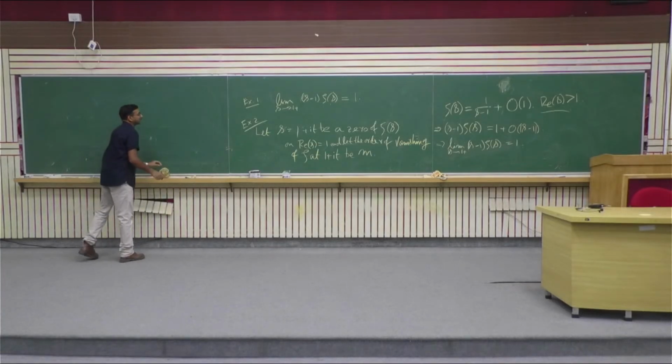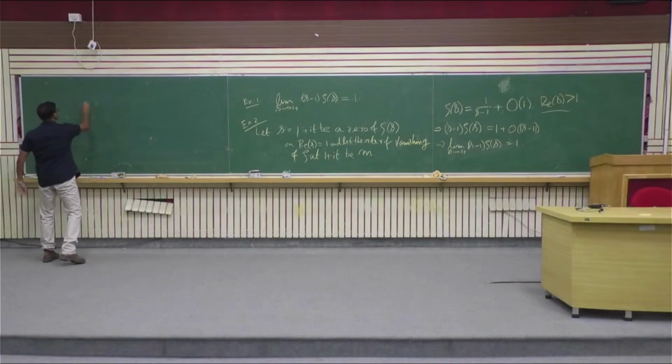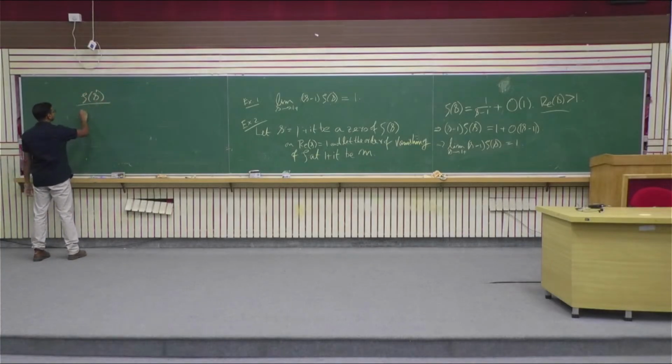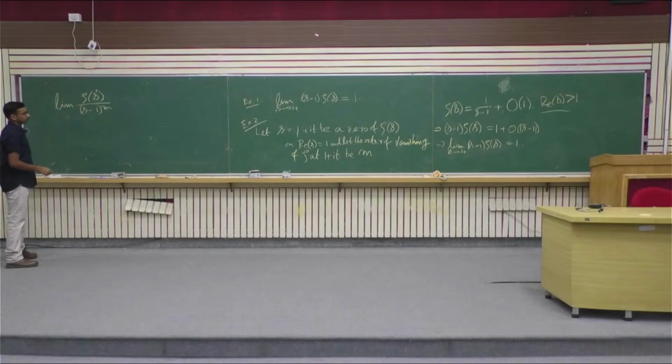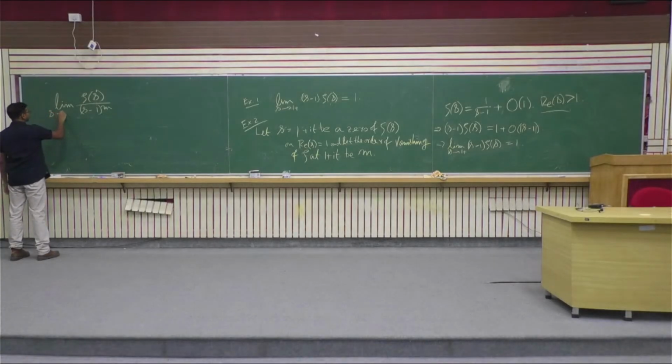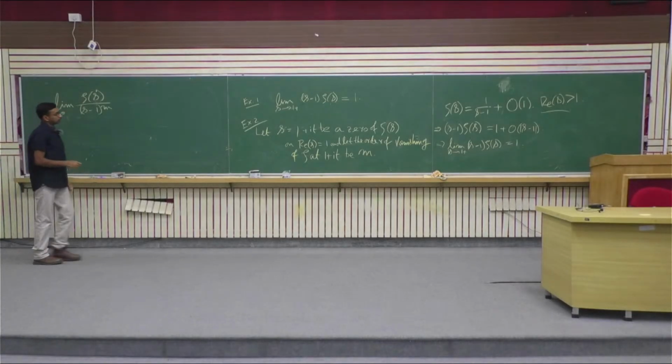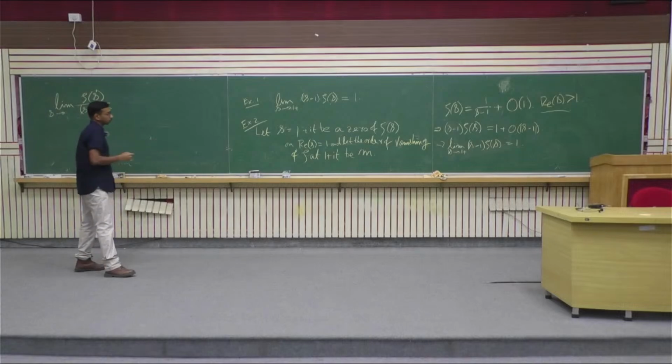So consider this limit: zeta s divided by (s minus 1) to the power m, as s goes to this point, 1 plus it, from the right half plane.